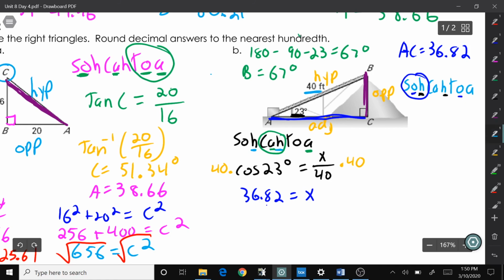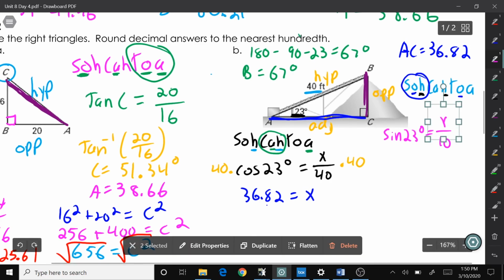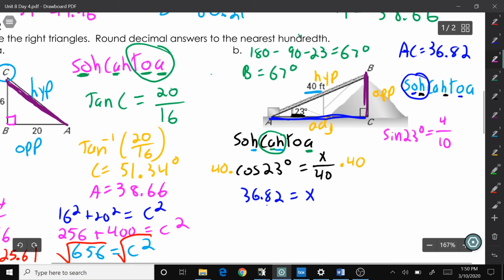So then the sine of 23 degrees equals the opposite, which we don't know what that is. I'm going to label it y since we already used x somewhere, over 40, our hypotenuse. Then multiply both sides by 40.